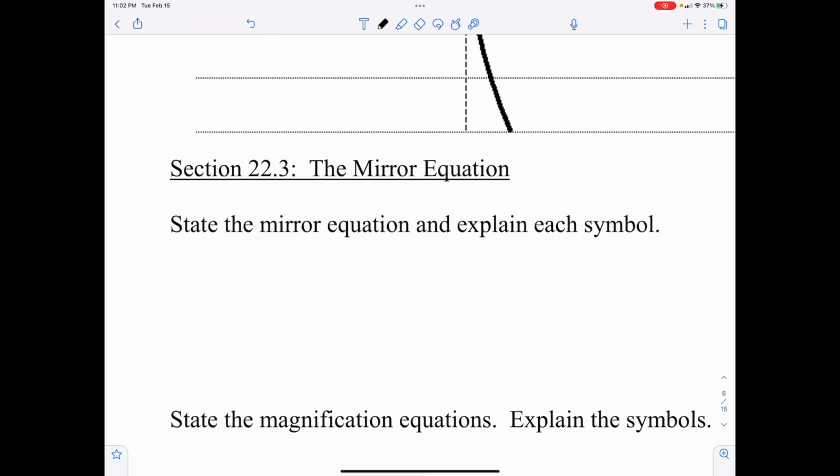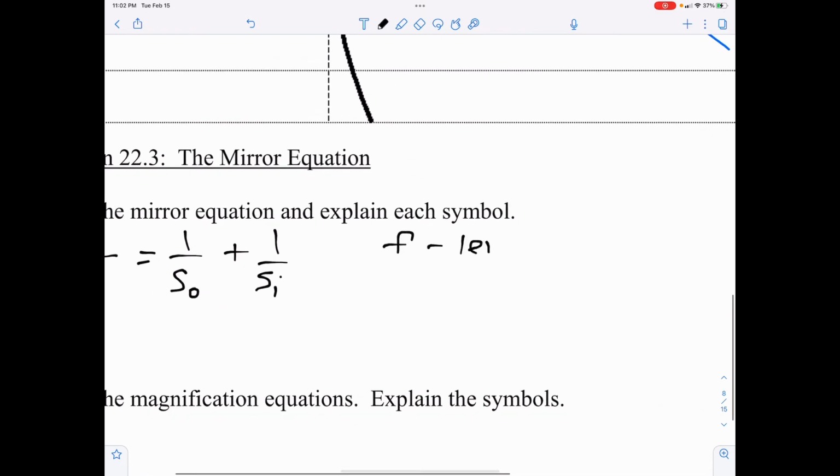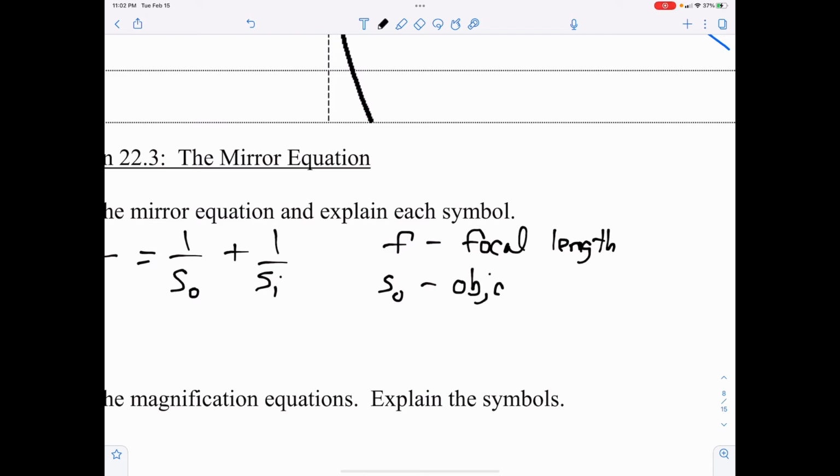Okay, well, the mirror equation is 1 over F equals 1 over SO plus 1 over SI, where F is the focal length, SO is the object distance, the distance from the object to the mirror, and SI is the image distance. That's the distance from the image to the mirror.